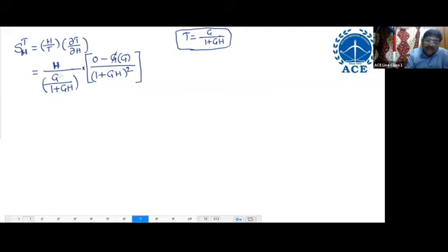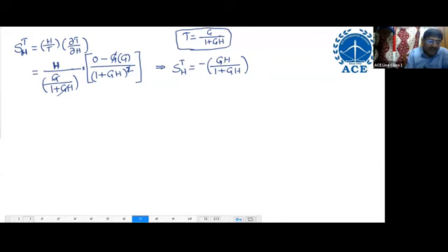So G cancels. Then STH is equal to minus GH by 1 plus GH. The square cancels. So STH is equal to minus GH by 1 plus GH. Now compare STG and STH.